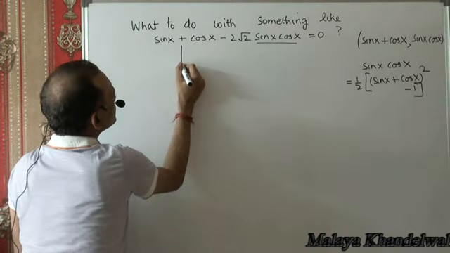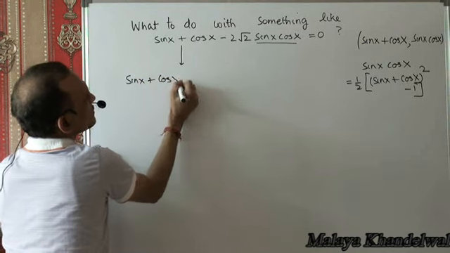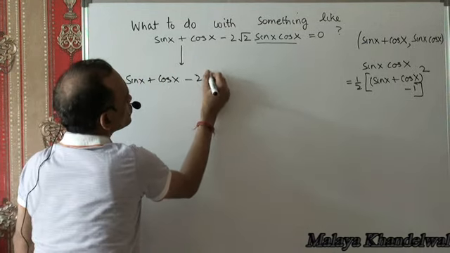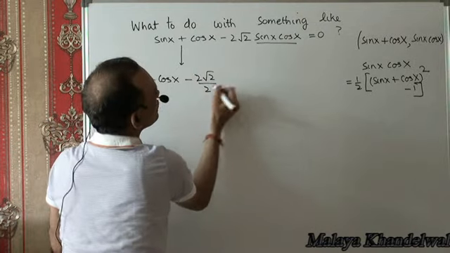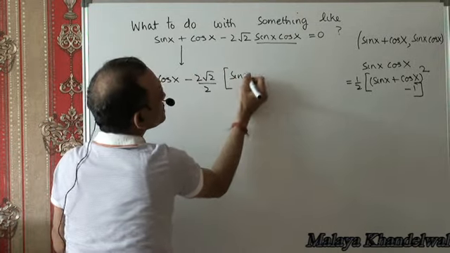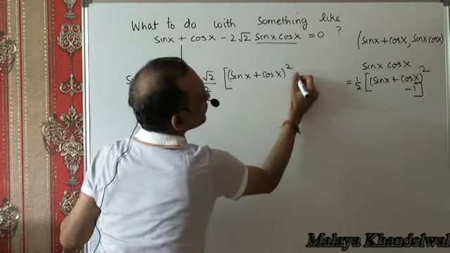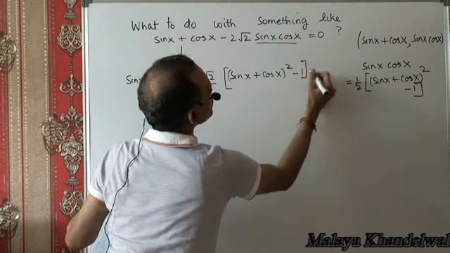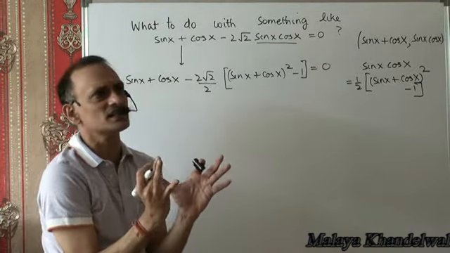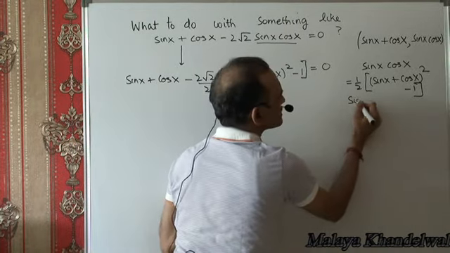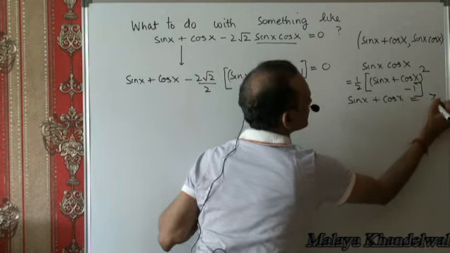So in this case, I have sin x plus cos x minus 2 root 2 times the sin x cos x, which can be written as half of (sin x plus cos x) whole squared minus 1, equal to 0, right? So now we have sin x plus cos x as an entity, which I can take as some z.